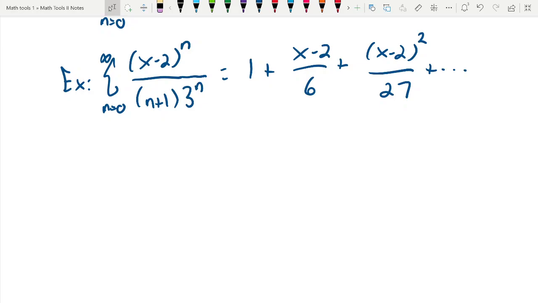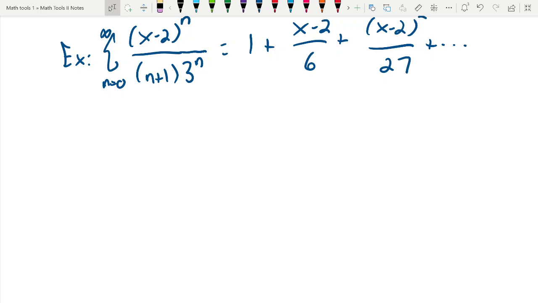But now that we have this additional variable in here, which can take on different values, we want to know what values of x will allow this series to converge. So we want to bring all of the convergence stuff that we did into this context now. It can be a little bit trickier because there are a lot of different values of x we have to consider. So it's helpful to be pretty familiar with these different types of infinite series.